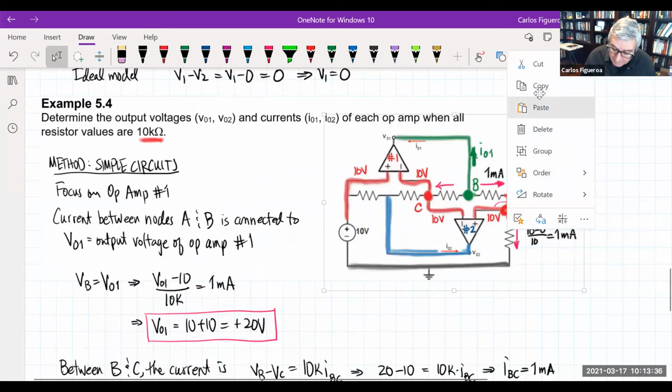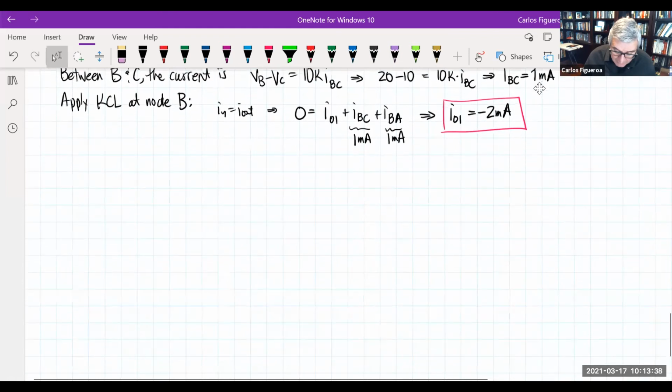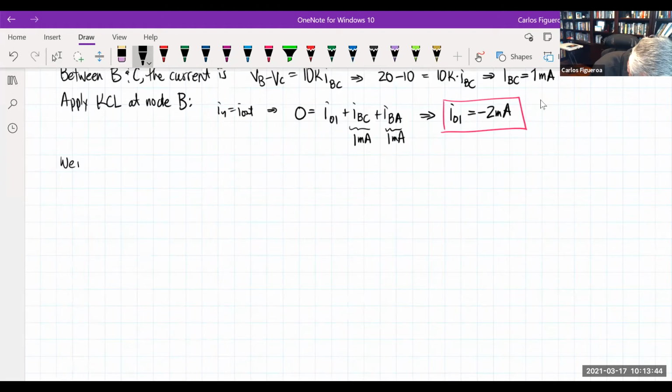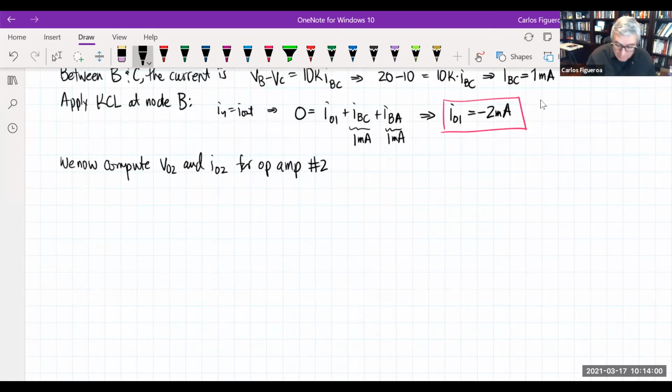I'm going to copy it, and I'm going to bring it down here. So now we compute the output voltage and get the output current for op amp number 2.